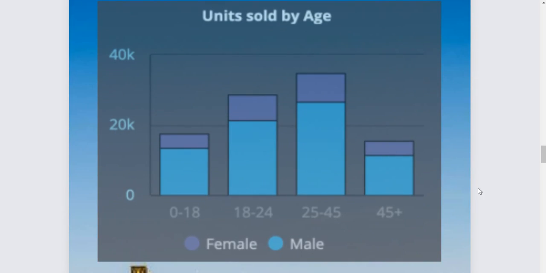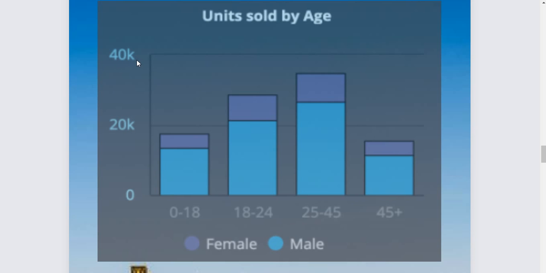Look at this other graph. Units sold by age. Here you have a range of ages. From 0 to 18, the composition was larger as male and female. The number of products sold is on the left, on the vertical line, from 0 units to 40,000 units.